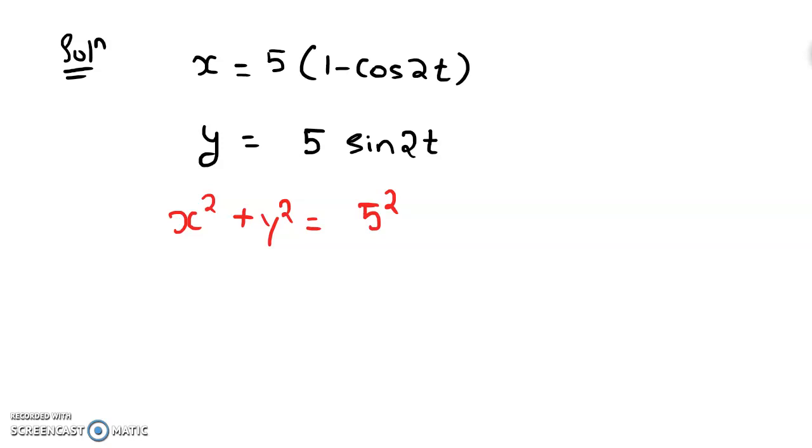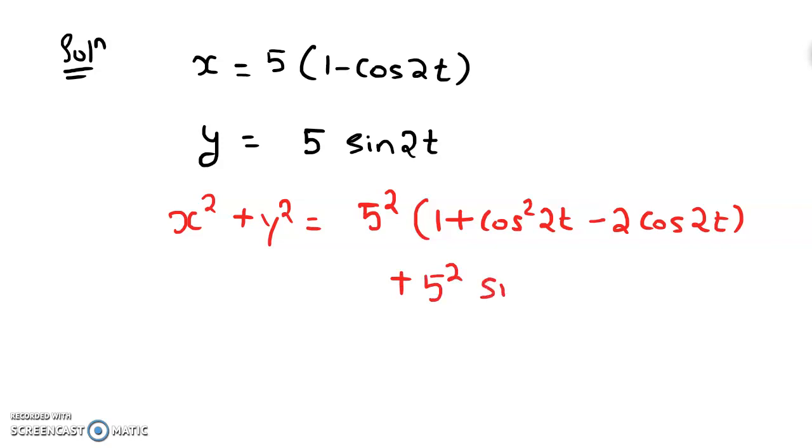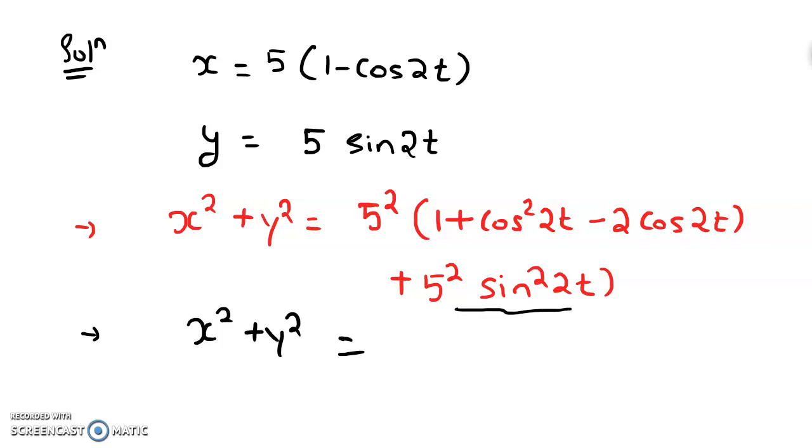Can you see what I'm trying to say? Make the square of this one: 5 square, 1 square plus cos square 2t, minus 2 cos 2t, plus 5 square sin square 2t. So there is a basic equation, and if you solve it, 5 square cos square plus 5 square sin square would make it 1.